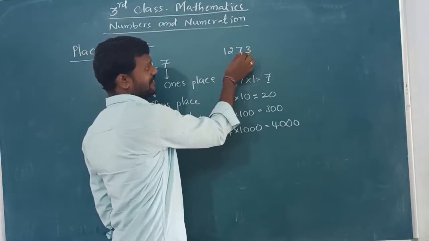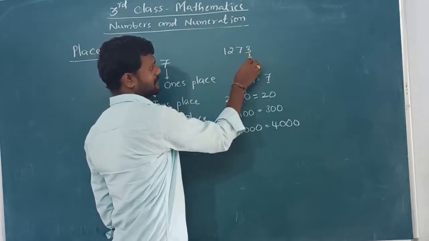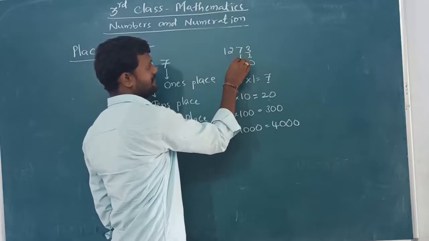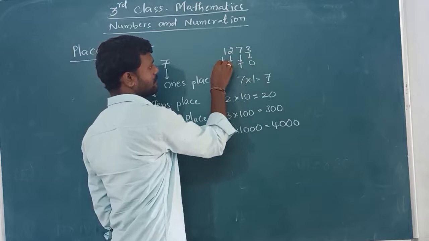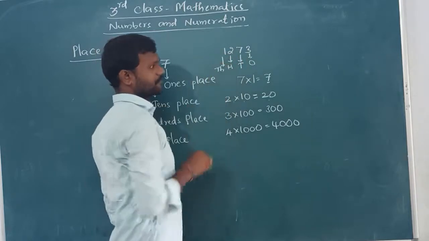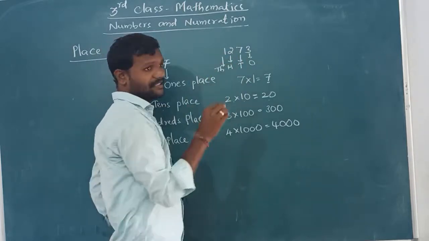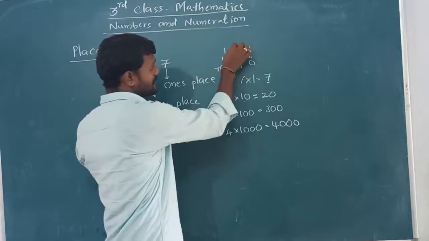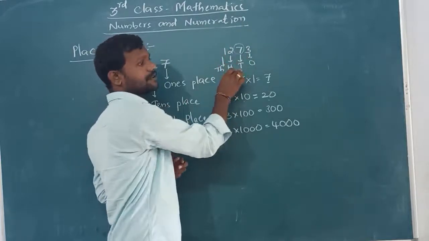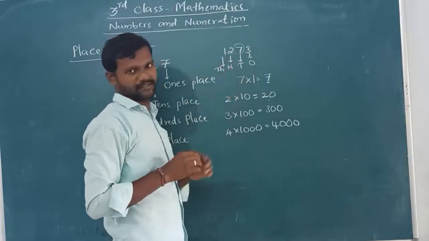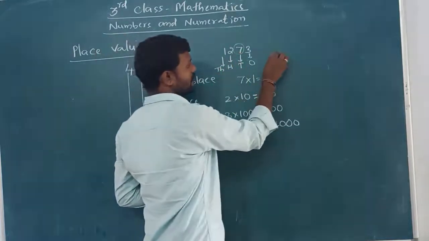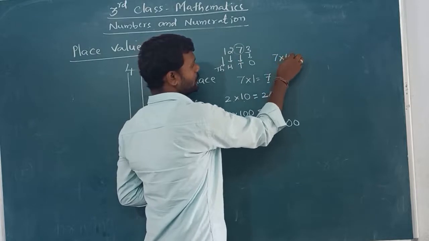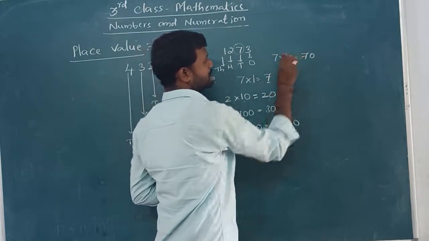Ones place, tens place, hundreds place, and this one is the thousands place. So I asked the place value of 7. 7 is in which place? Tens place. So what is the place value of 7? 7 into 10. 70 is the place value of 7.